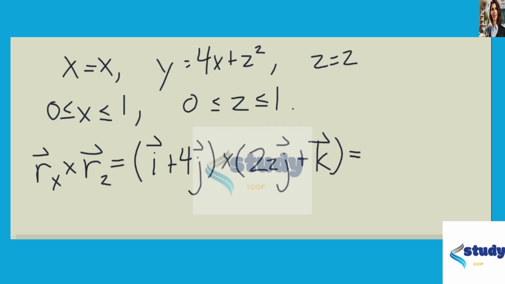And evaluating this cross product, we get 4i minus 1j plus 2z k.